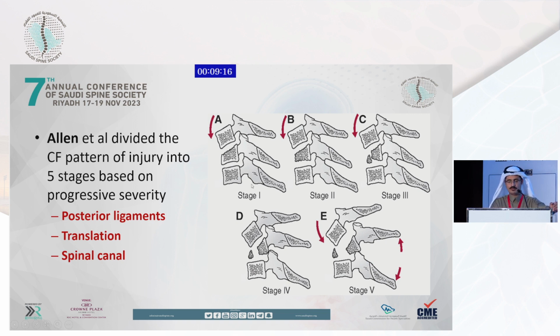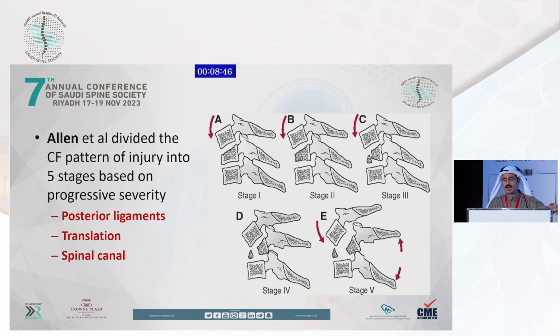There is no involvement of the posterior elements, no translation, and no retrobulgence, so no spinal canal compromise. Stage 2 has more kyphosis with more involvement of the two end plates, giving a beaking appearance. Still, there is no involvement of the posterior elements, no translation, and the spinal canal is most of the time patent.